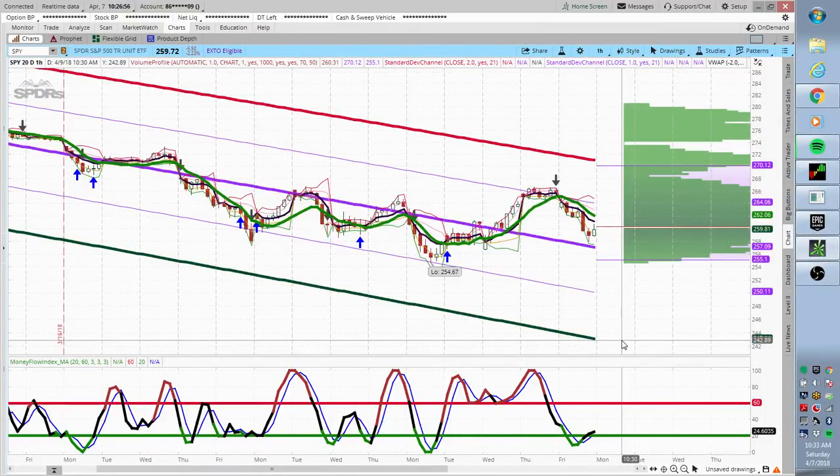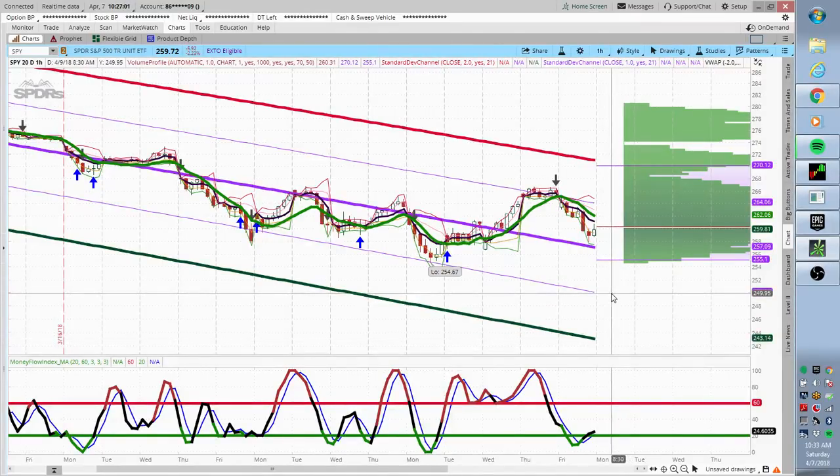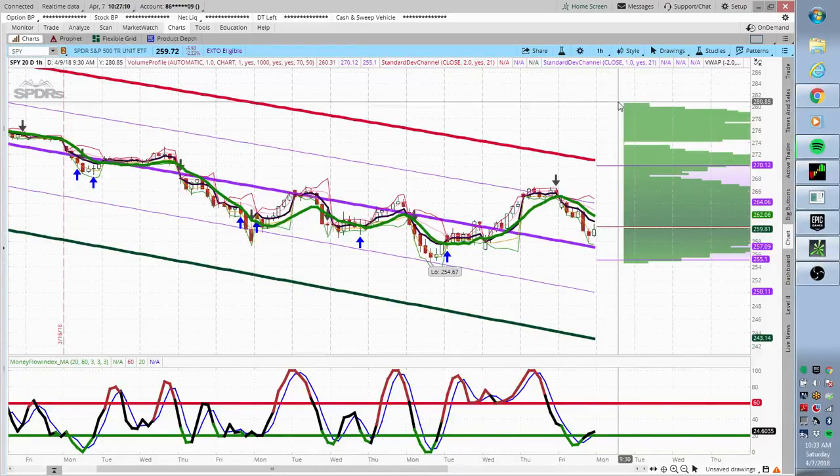You could start looking at selling puts at this level here, or even selling puts at this level here, and going out 30 days, and vice versa, selling calls here, and you'll find that the standard deviation ranges were proved out. A guy on Twitter actually posted something on Friday too, which had me do a double look at my stuff, and he basically said the same thing. You get 2 standard deviations out with the VIX. You're 30 days out. Those ranges work. You can use Thinkorswim too to look at your probabilities as well.